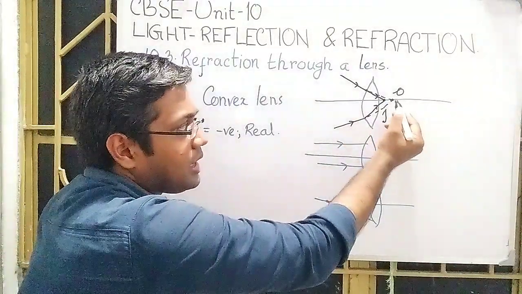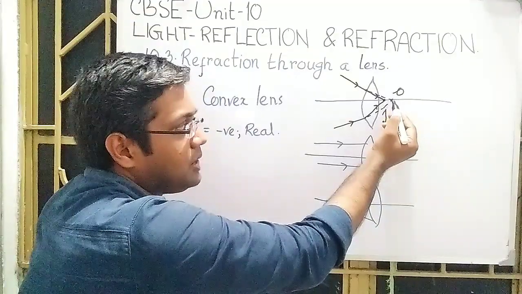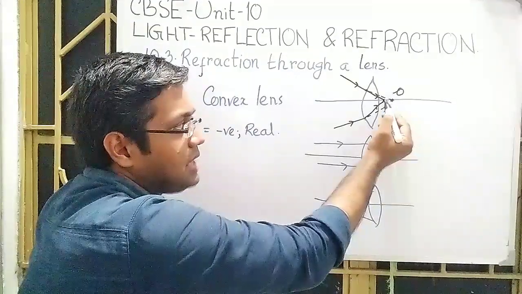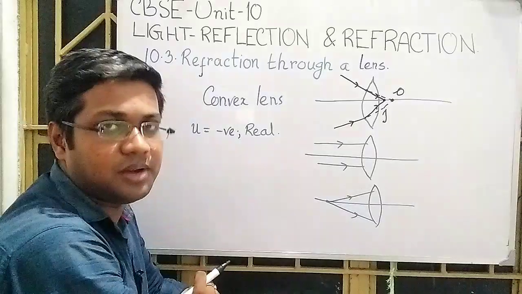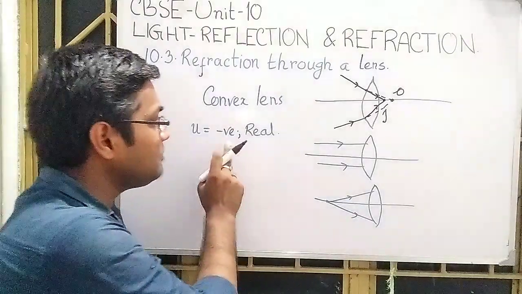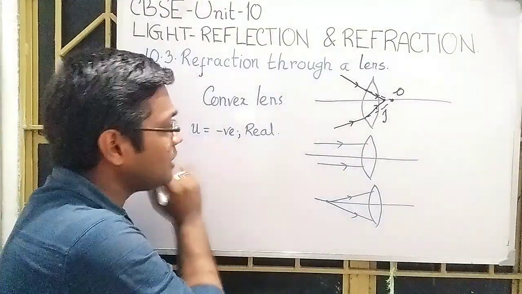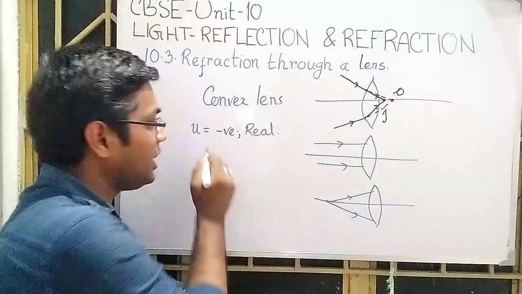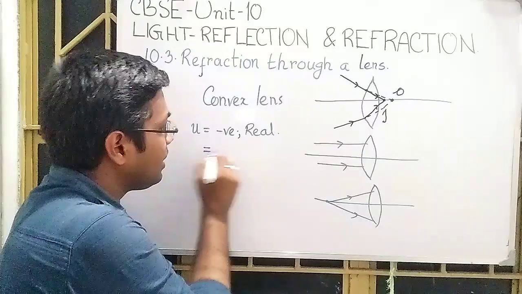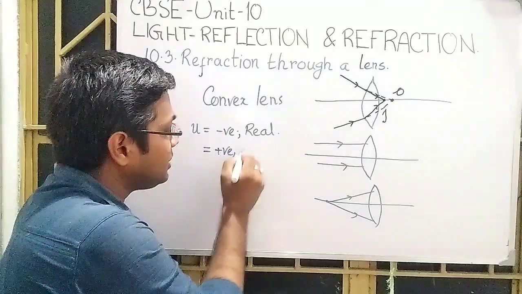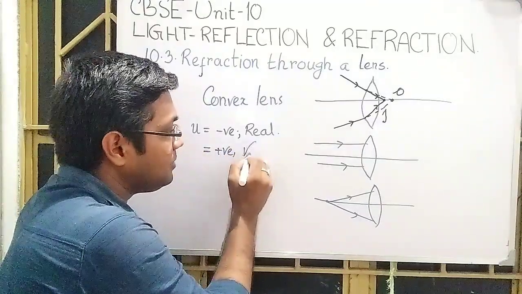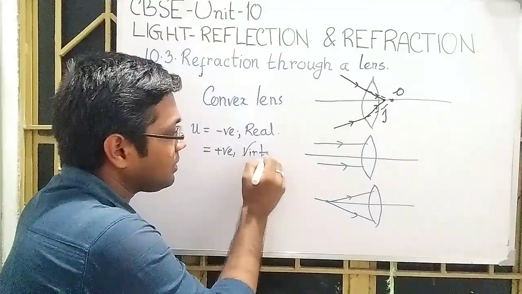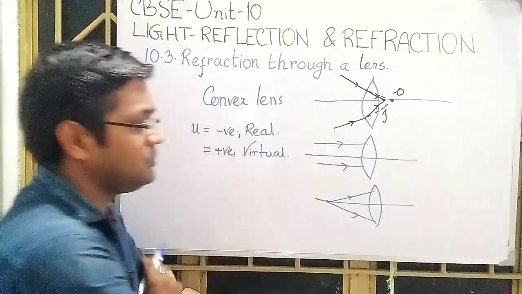So here it is the image formation of a virtual object, and the image that is formed is the real one. If the object is a real one, the object distance is always negative. U will be positive if the object is a virtual one.